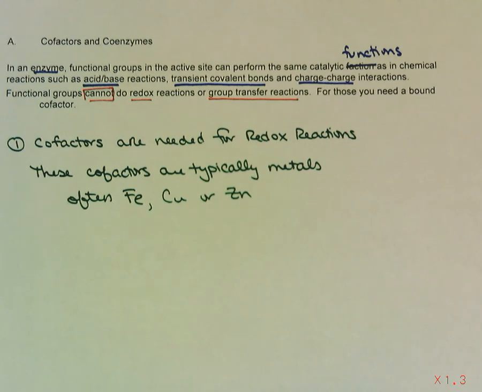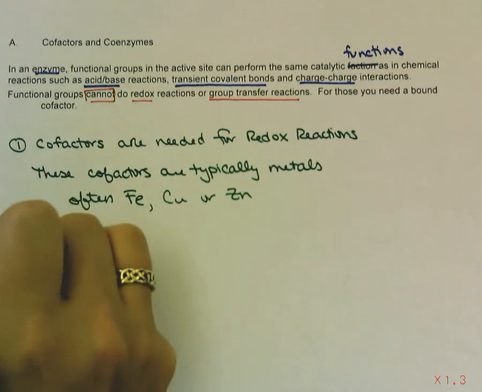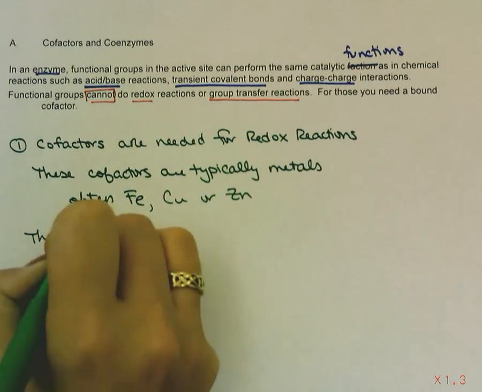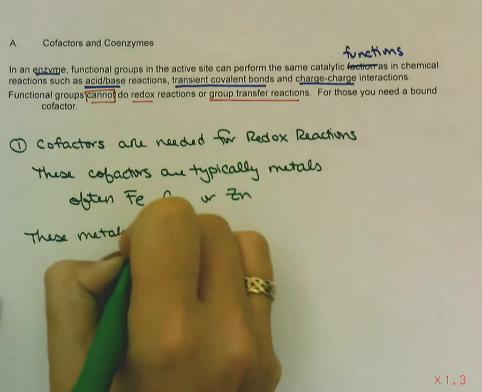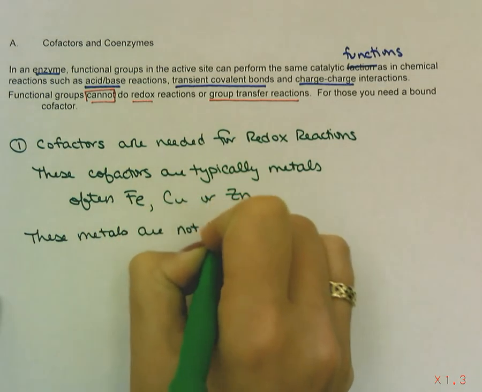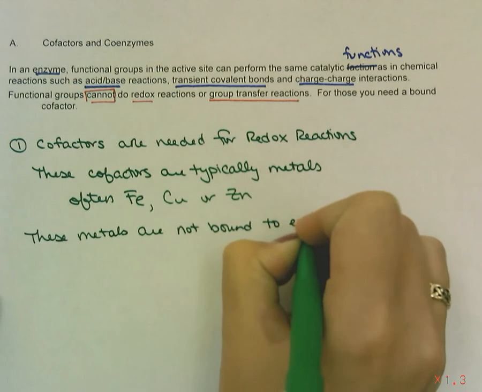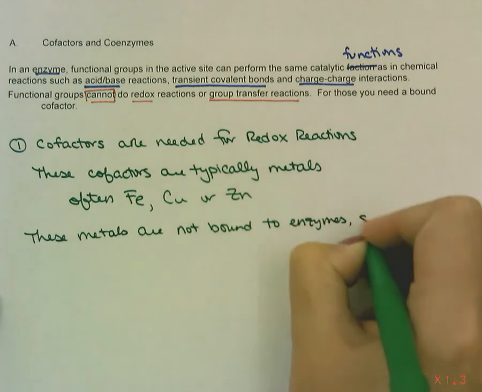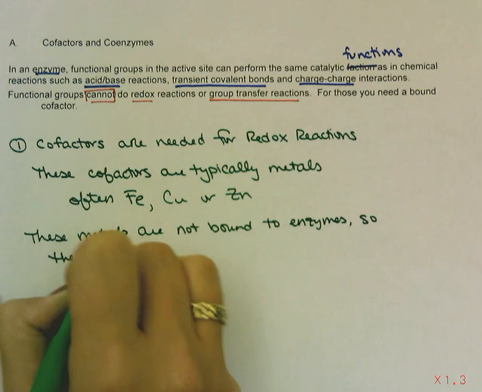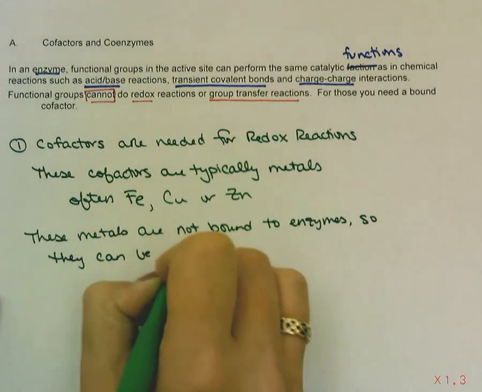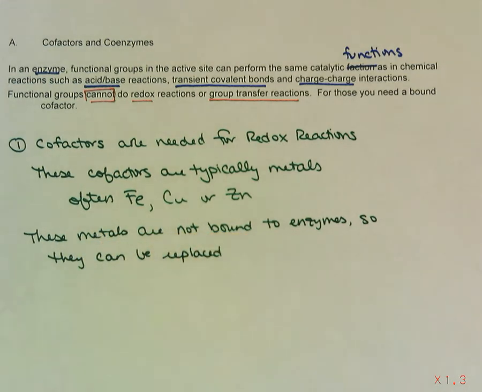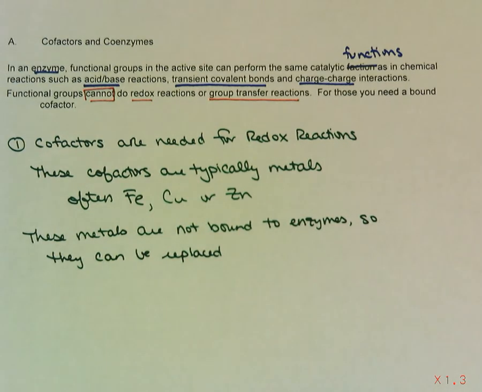I'm going to take a little tangent here because metals are interesting and metal poisoning is fascinating, and it applies to cofactors. So the thing about a cofactor is that it's kind of like the heme group, right, where it's not bound to the enzyme.